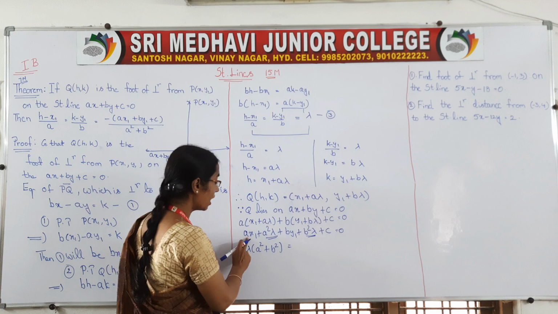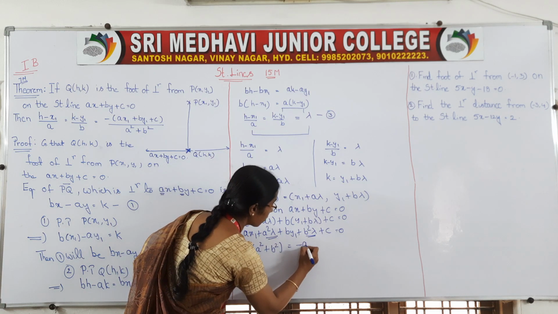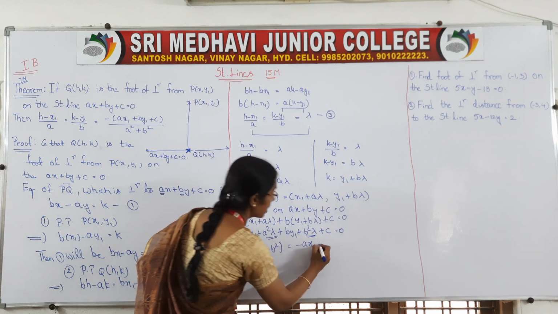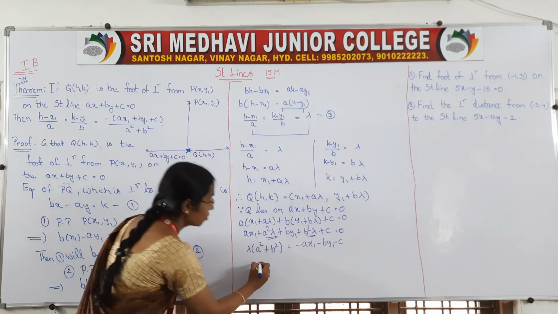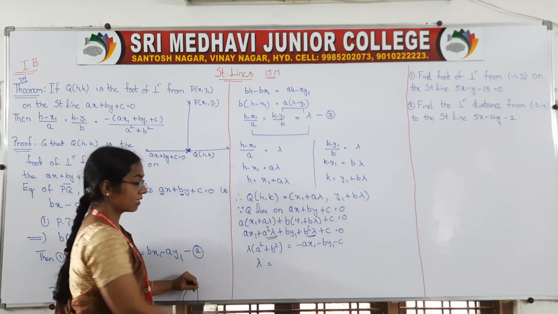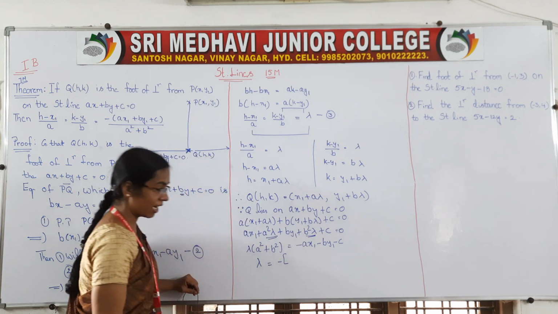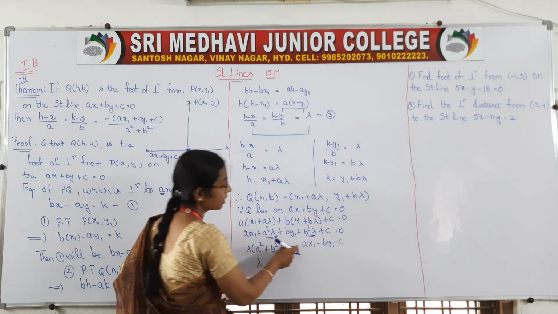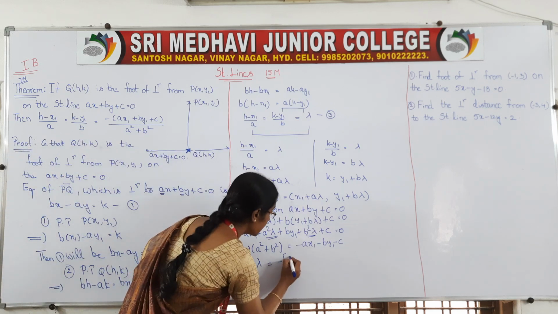What are the remaining values? It is this one, this one, this one, 3. If we send them, they will be negative: minus a x1 minus b y1 minus c. So what will be your lambda? Send this value also that side. It is multiplying, if you send it that side, it will divide. And here all the 3 terms have a negative sign common, so you can take that as common.